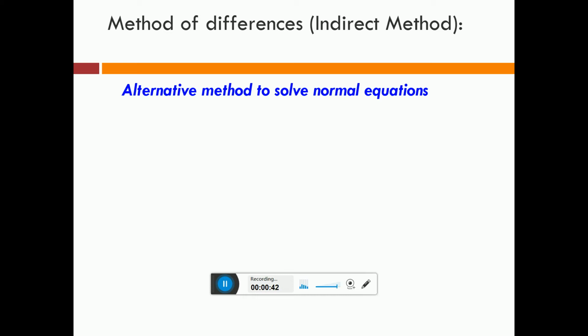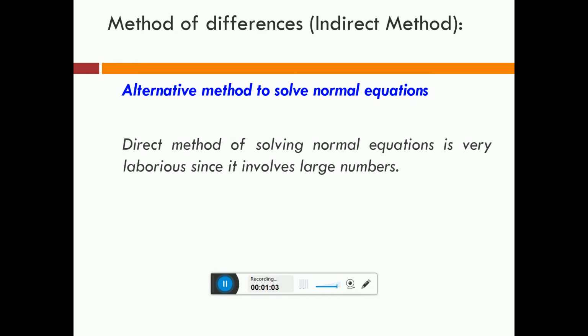This is one of the alternative methods to solve the normal equations. As you are aware, when you solve the normal equations with smaller numbers involved, it is very easy to find the most probable values of the unknown quantities.